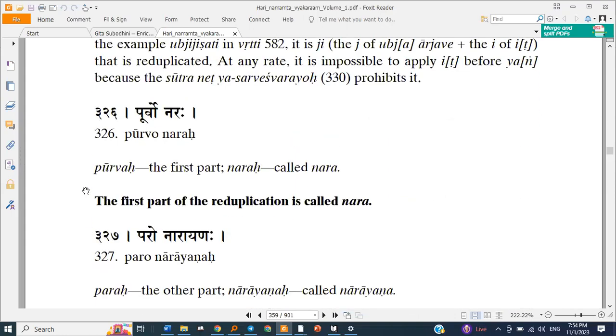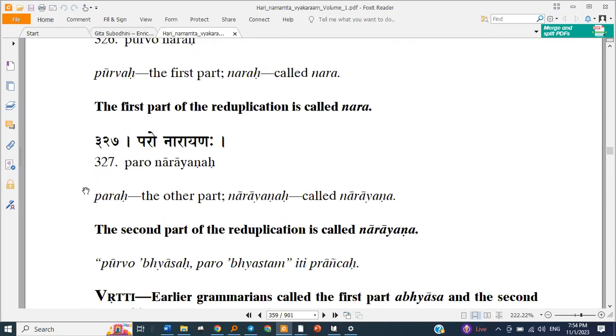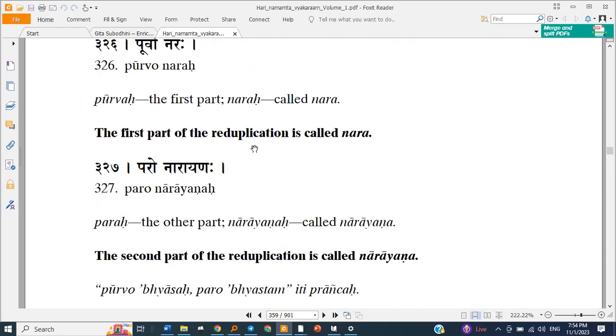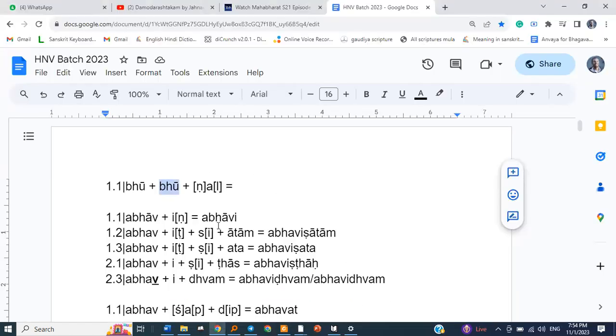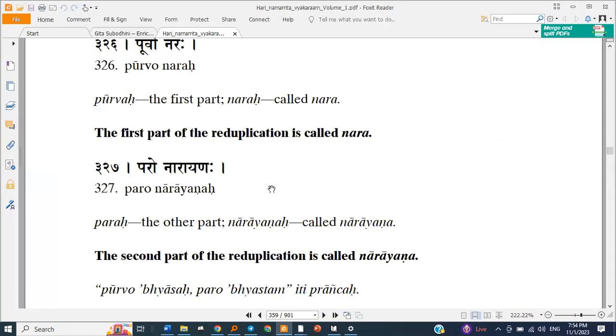So Purvo Naraha Paro Narayana. The first part of reduplication is called Nara, the second part is called Narayana. So the first bhu, which is the reduplicated one, is called Nara, and the second bhu, which is the original one, from which reduplication was done, is called Narayana. So Nara and Narayana.